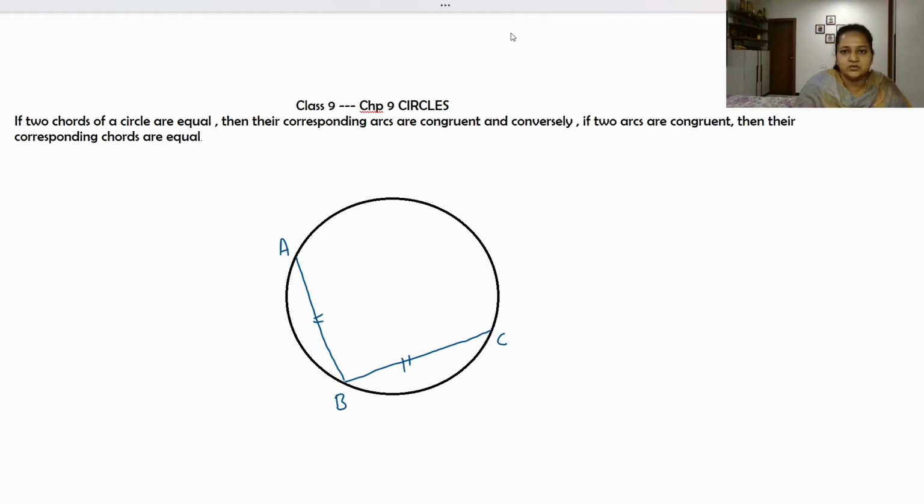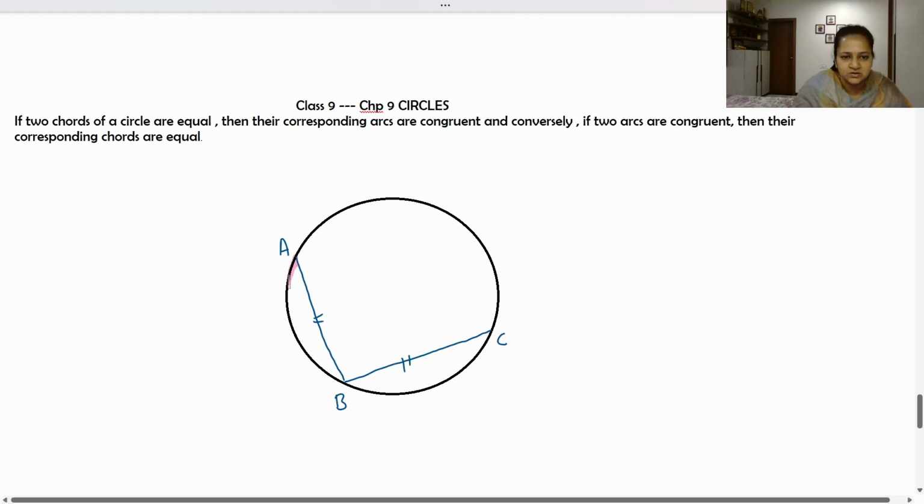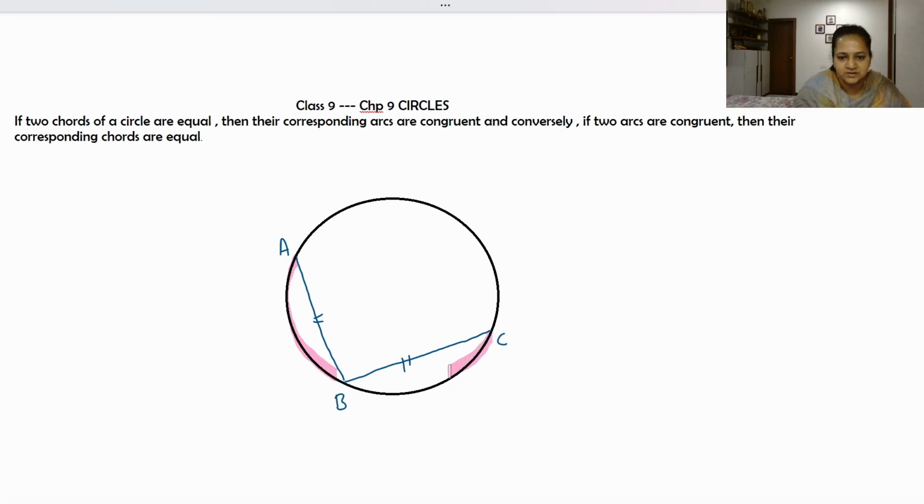The arc corresponding to chord AB would be this arc, and the arc corresponding to BC will be this arc. Now, what we understand from here is that if the chords are equal, then the corresponding arcs are equal, and vice versa.